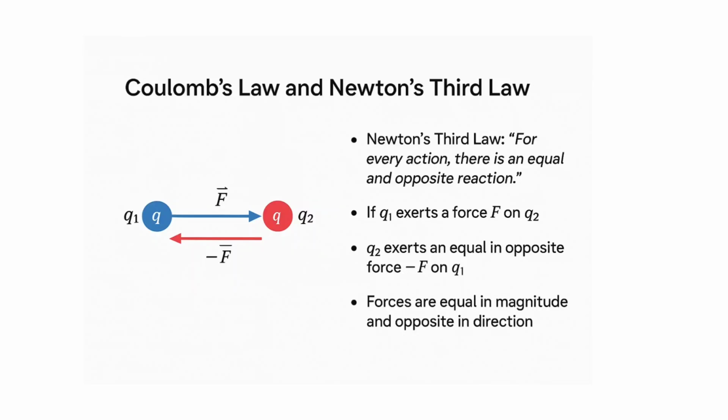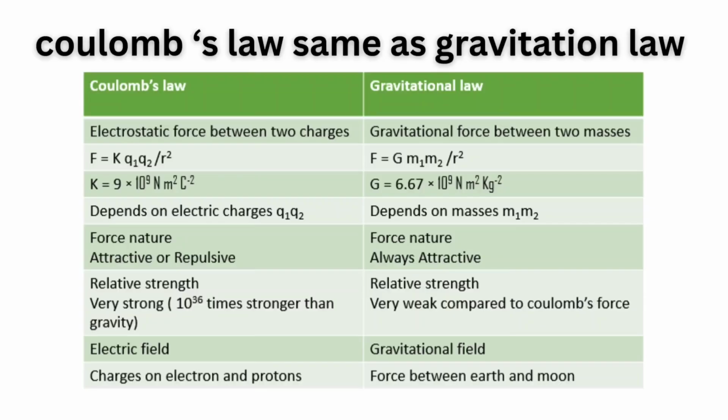If Q1 exerts an electrostatic force on Q2, then Q2 also exerts a force of the same magnitude on Q1 but in the opposite direction. So, whether the force is attractive or repulsive, both charges feel equal and opposite forces. This mutual interaction between the charges shows Coulomb's law perfectly obeys Newton's third law.